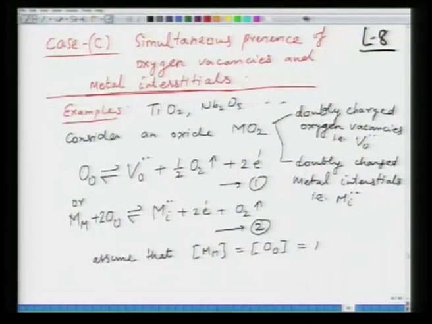Now, if you remember, in this case we chose an oxide MO2 when we took simultaneous presence of oxygen vacancies and metal interstitials, that was for a purpose. What happens is that in these materials, if you had Mi completely ionized, which means Mi 4 dots present, or if you had taken an oxide MO with completely ionized defects, then you would not see this transition.